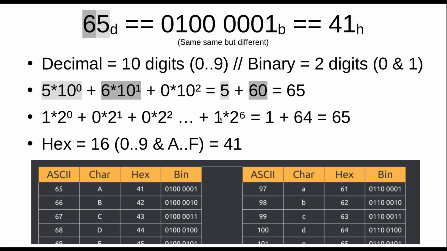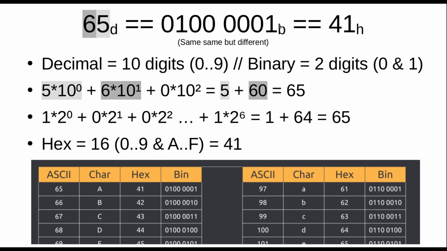And so this 1 times 2 to the power of 6 would be 64, and together this also results in 65. And so we've shown that 65 in decimal is the same as this sequence in binary.